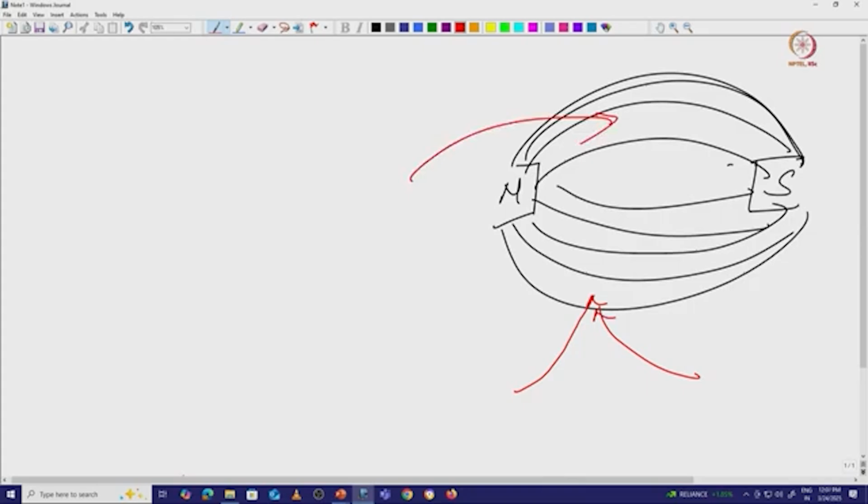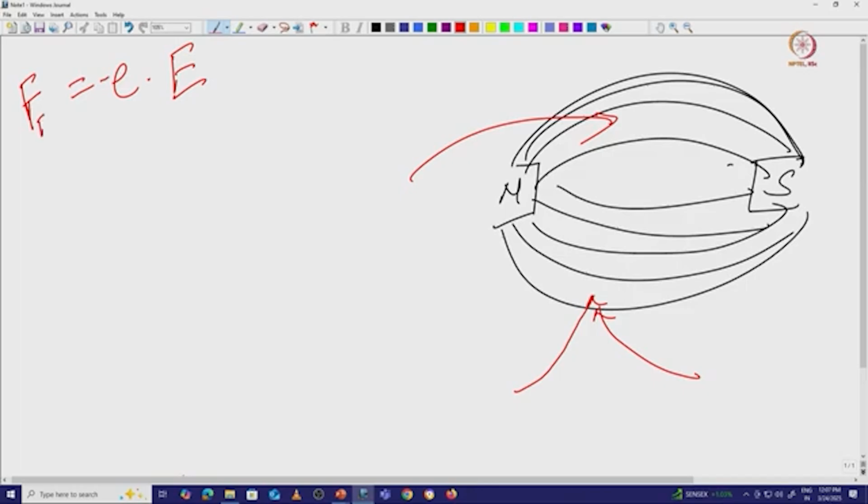Now when an electron tries to enter an electric or magnetic field, it will face some kind of force. Consider the force it faces when the electron has no speed. At the beginning it will face a force that is charge times the electric field, since it is negatively charged.